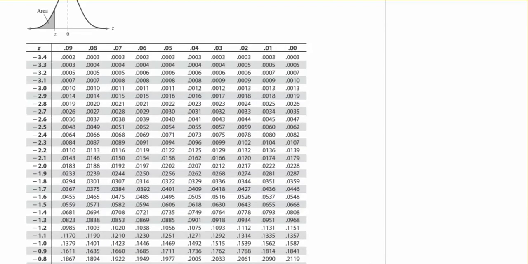Okay, so let's walk through a problem and I'll show you how we use this table. So let me give you the big picture, even though maybe we're not really quite ready for it.